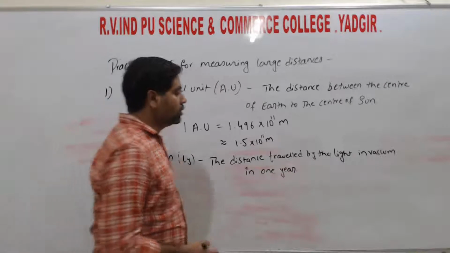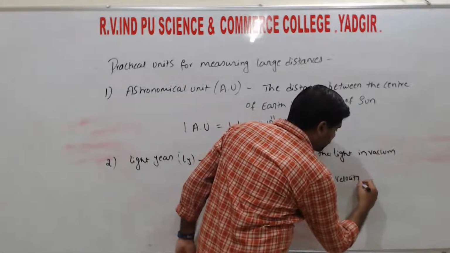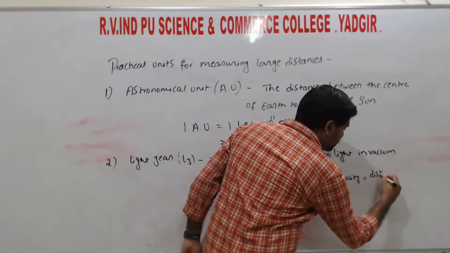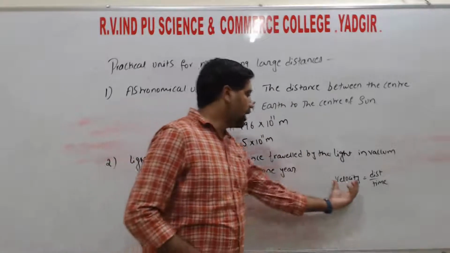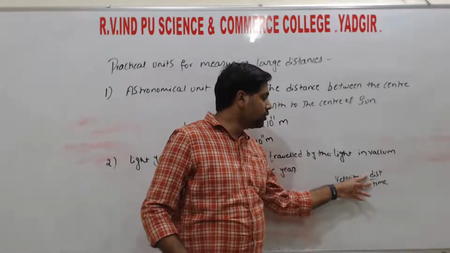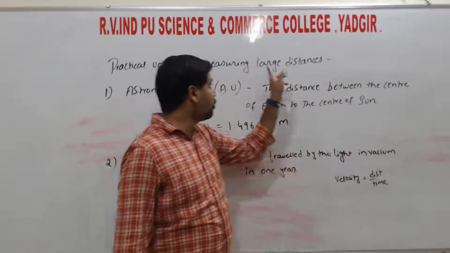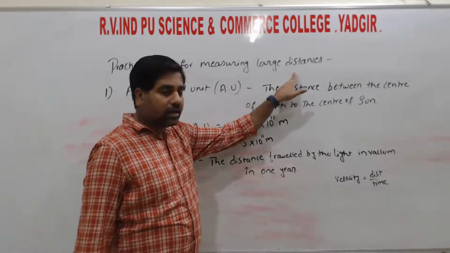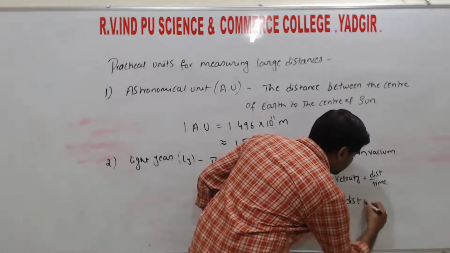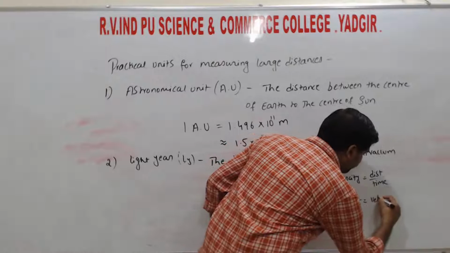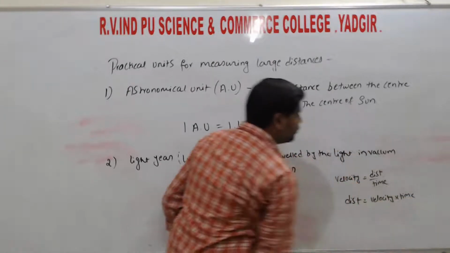So we know speed or velocity is equal to distance divided by time. That is, velocity is a derived quantity, derived using two fundamental quantities, distance and time. So here we are going to measure larger distances. If we write for the distance, distance is equal to velocity into time, right?